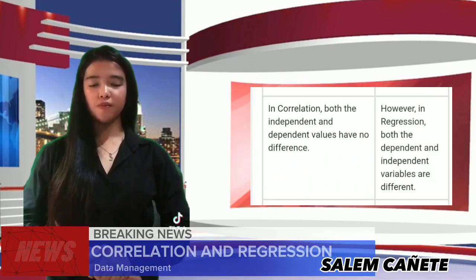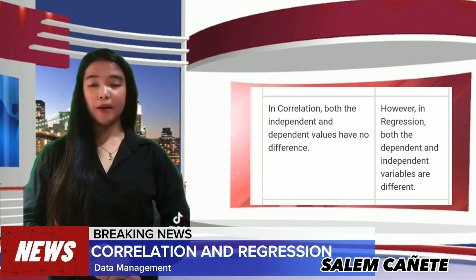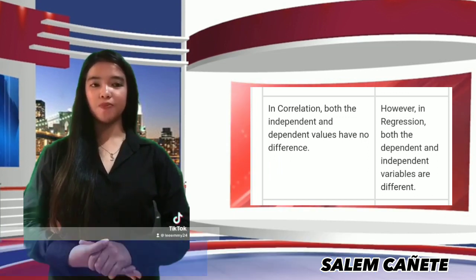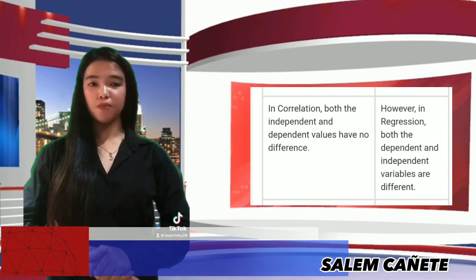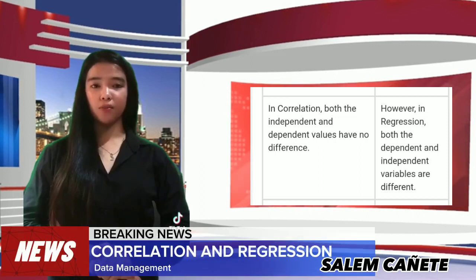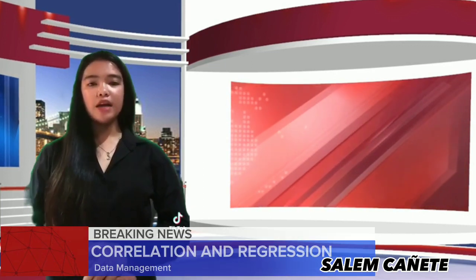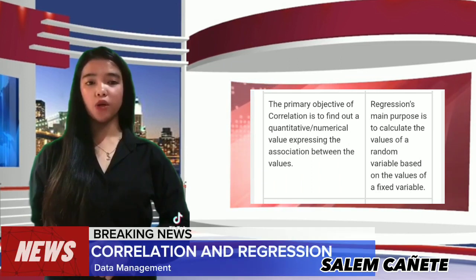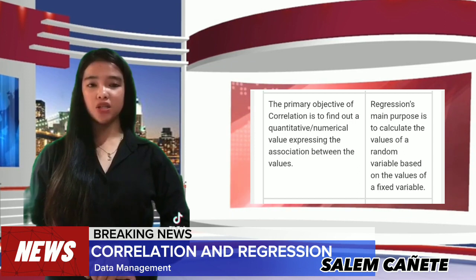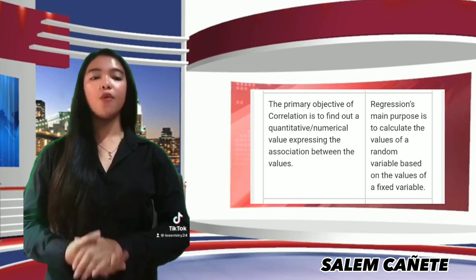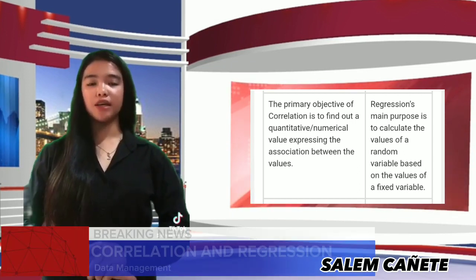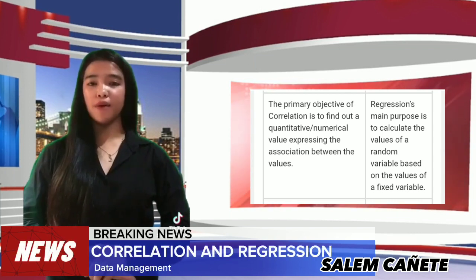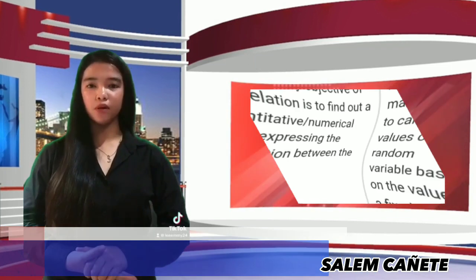In correlation, both the independent and dependent values have no difference. However, in regression, the dependent and independent variables are different. The primary objective of correlation is to find out a quantitative or numerical value expressing the association between the values. Regression's main purpose is to calculate the values of a random variable based on the values of a fixed variable.